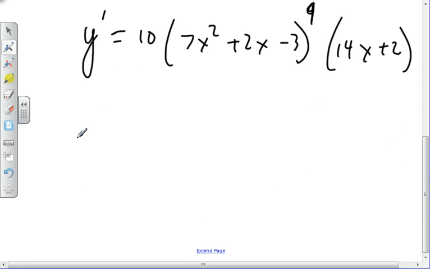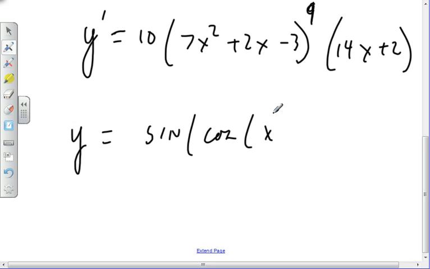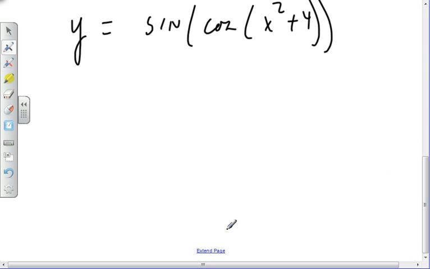Okay, so if I had y is equal to the sine of the cosine of x squared plus 4. Now we can't do that one because we don't know what the sines and the cosines are. So you just got to take my word for it when I write down the answer, right?